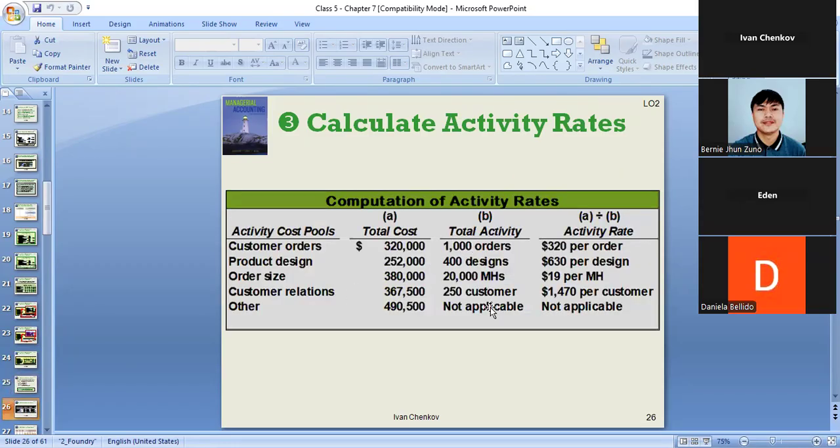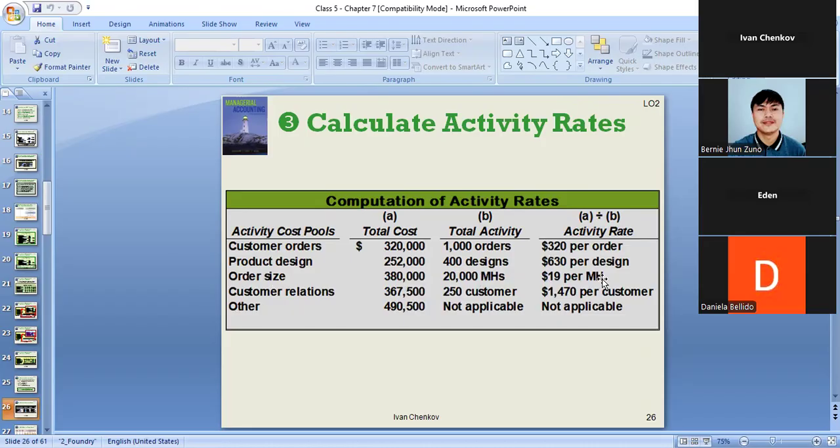So once I have those, I can easily come up with the cost per activity, or that will be my activity rate. Every time the customer makes an order, that's going to cost me $320. Every time I have to do the product design, that's going to cost me $630. Based on the order size, how many hours I have to spend on the order, I have to spend $19 per hour.